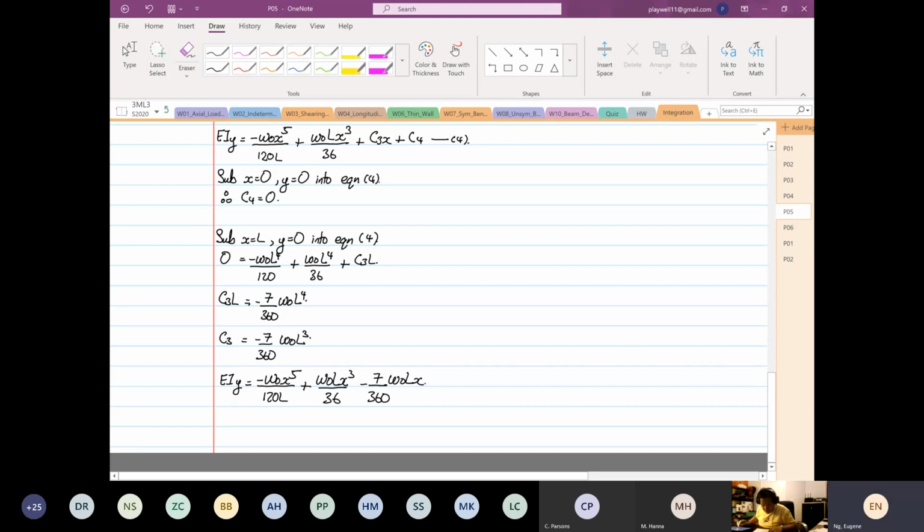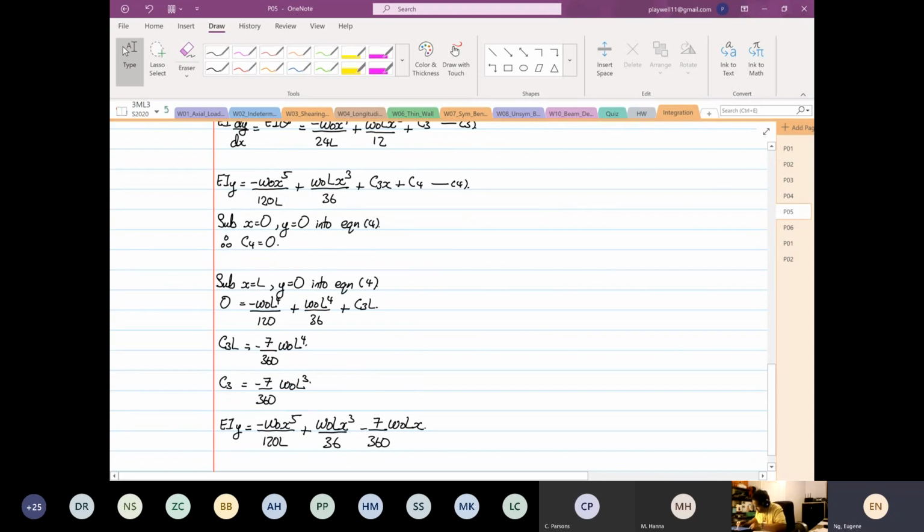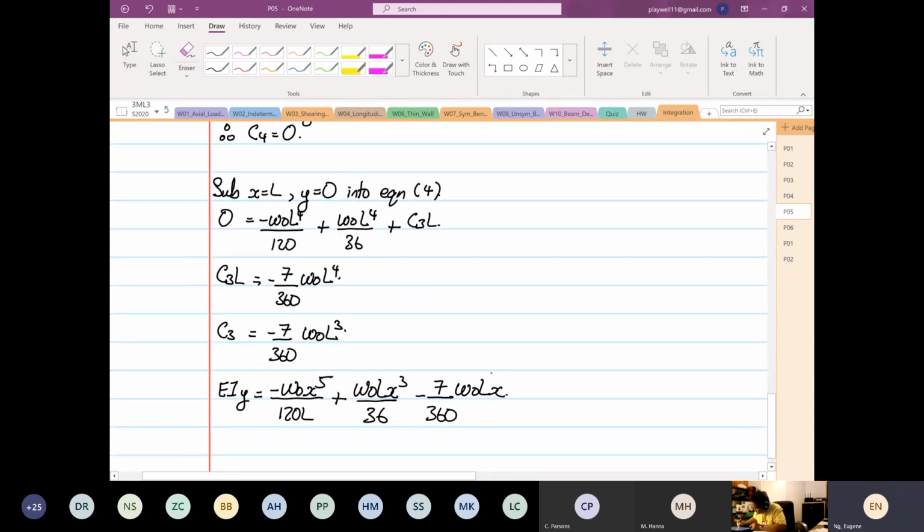Oh, omega naught L cube, I do apologize. So we have our expression for our deflection, and we also found our expression for our slope.